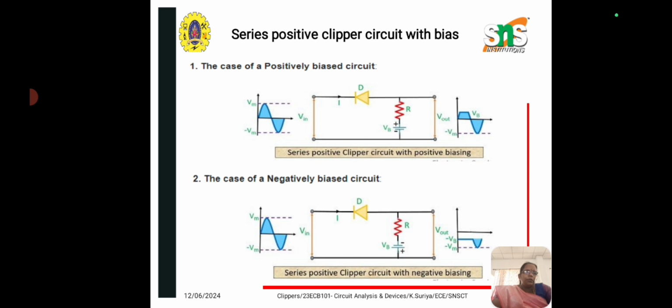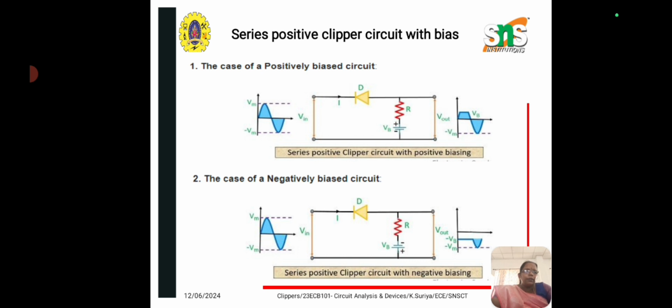As battery potential dominates the supply voltage, the signal appears at the positive half of the output waveform. But as the supply voltage exceeds the battery potential, the diode is now reverse biased. Resultantly, no further current will flow through the diode. For the negative half of the input waveform, the diode is forward biased concerning both supply voltage and battery potential.